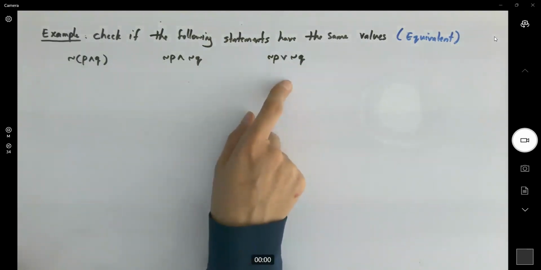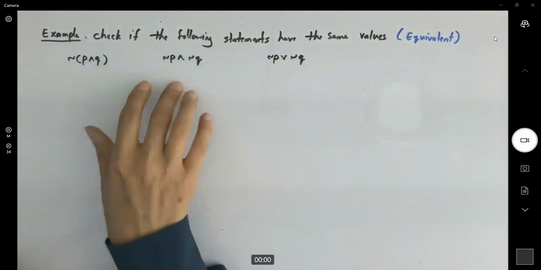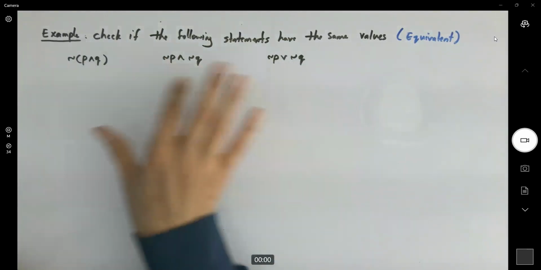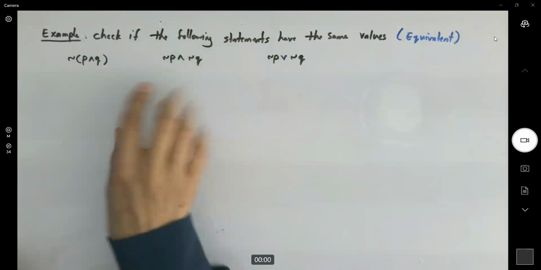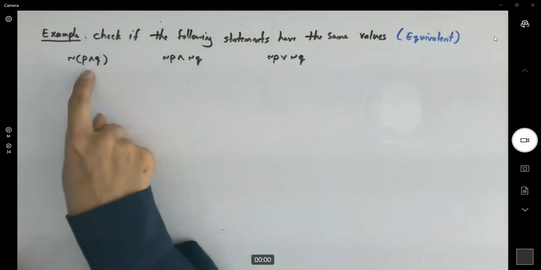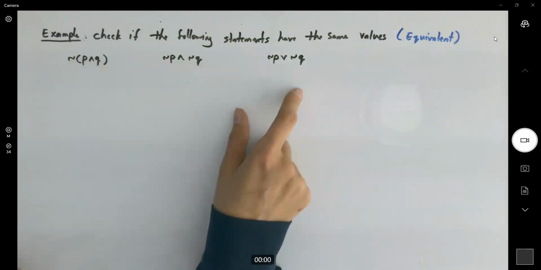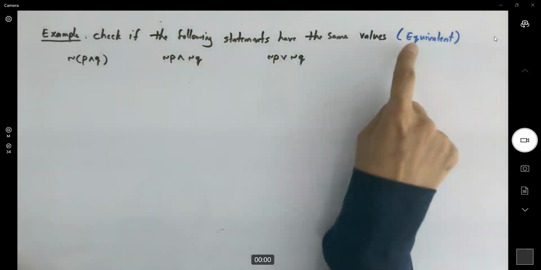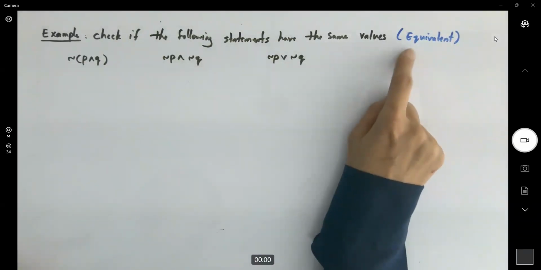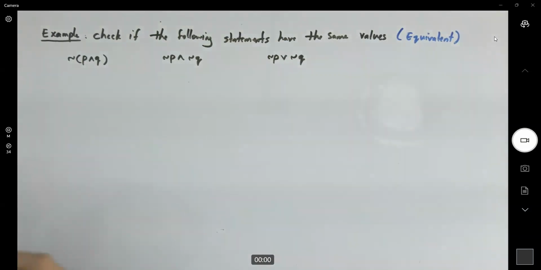What are we going to do? We're going to form a truth table and check to see if these values are the same or not. If they are the same, we say that they are logically equivalent. If not, we're going to say they are not equivalent.